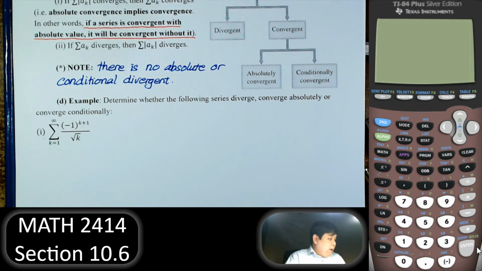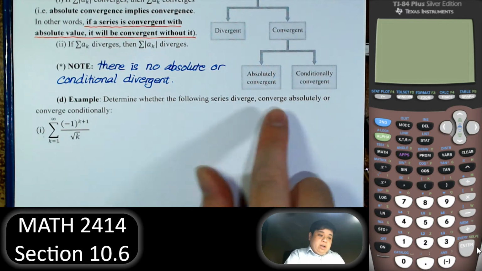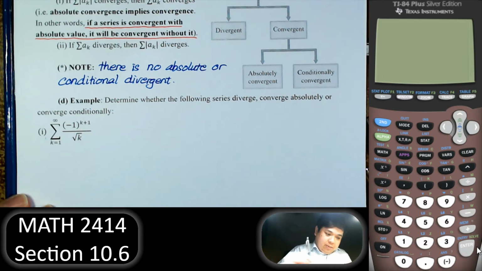Right. We have 3 examples here to determine if it diverges, converges absolutely, or converges conditionally. So the first thing we do is throw in absolute values and see what happens.